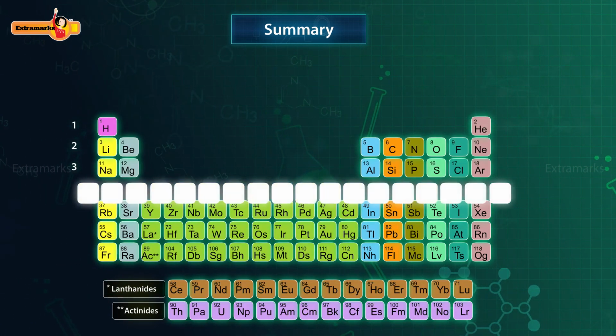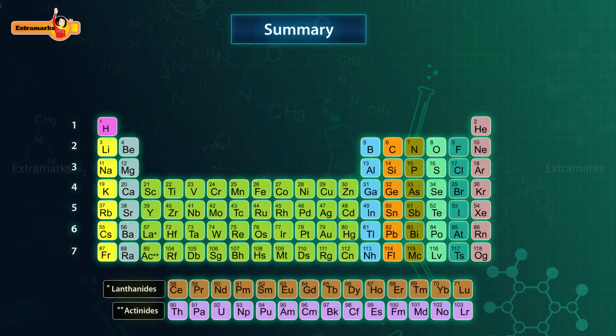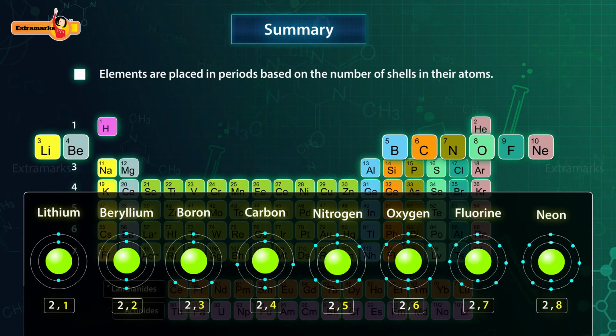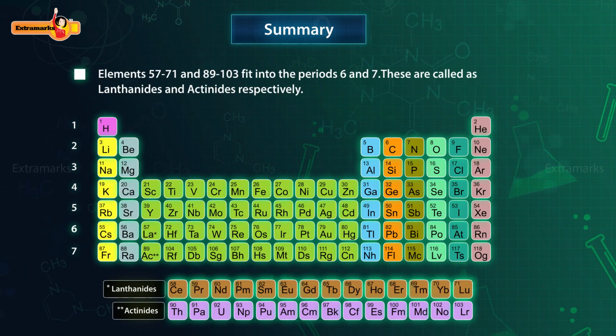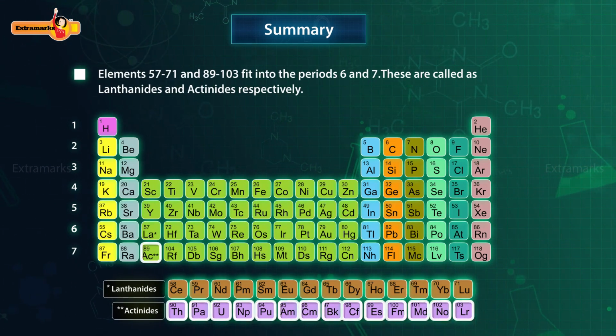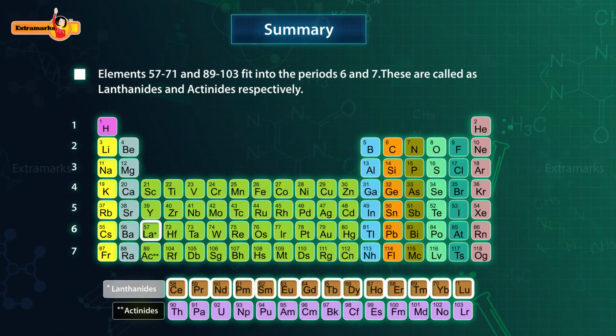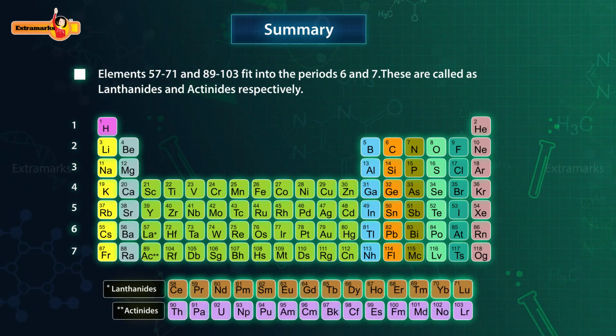The 7 horizontal rows are called periods. Elements are placed in periods based on the number of shells in their atoms. Elements 57 to 71 and 89 to 103 fit into periods 6 and 7. These are called lanthanides and actinides respectively.